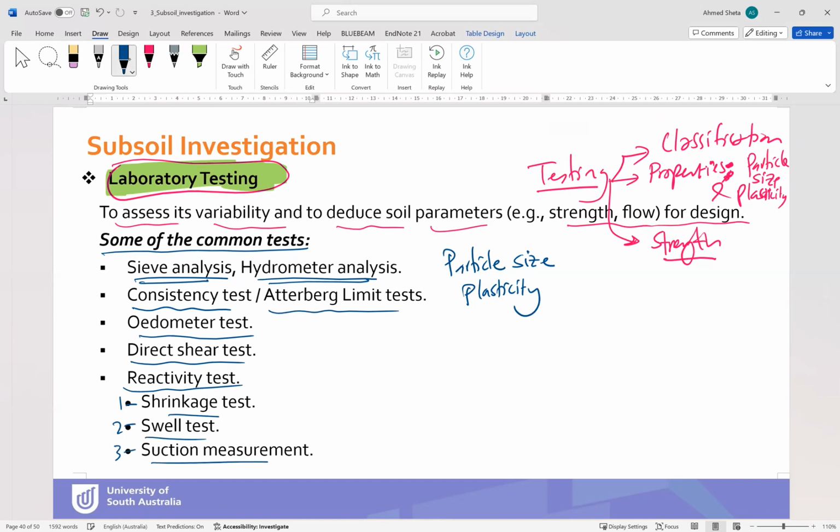All these are lab tests for the soil, and it is very important to know the properties, and it is very useful in the design.